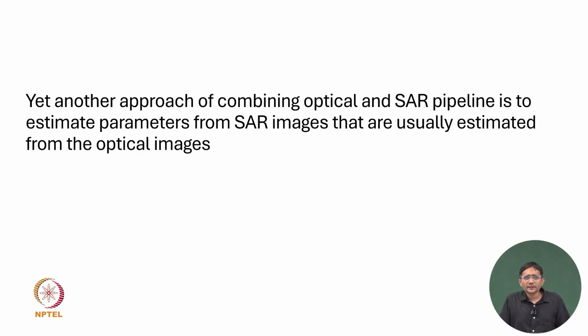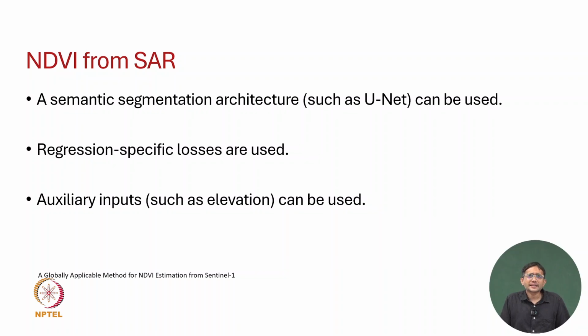Let us go into a bit more detail. One example possibility is, let's say, the normalized difference vegetation index. We can use a semantic segmentation architecture such as UNet, and we can use regression-specific losses. We can even use some auxiliary input as well, like elevation, but that's not central to our discussion at this point.